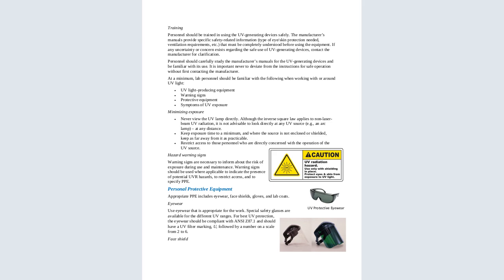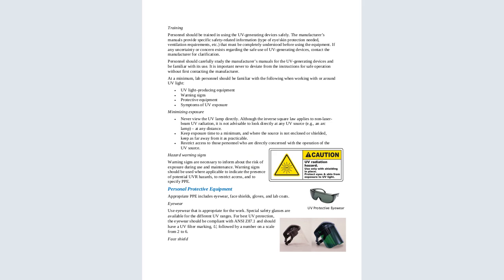So the personnel should be trained in using the UV generating devices safely. The manufacturer's manual provides specific safety related information regarding the safe use of the UV generating device; contact the manufacturer for clarification if necessary.